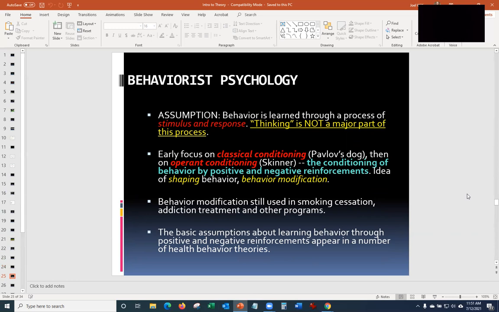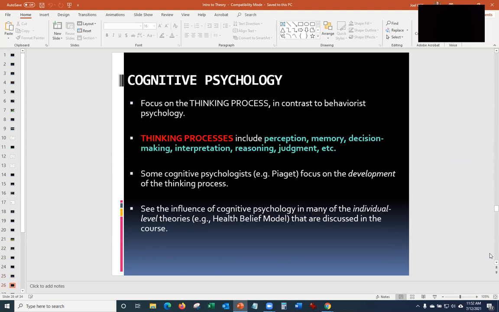Now, I'm going to skip through these fairly quickly. The health behavior theories and models that we use in public health that are public health specific are influenced by a number of fields. So, behavioral psychology, the idea of classical conditioning and operant conditioning that you learn about in Psych 101, you'll see some aspects of that in some of the theories that we talk about, and I point that out along the way.